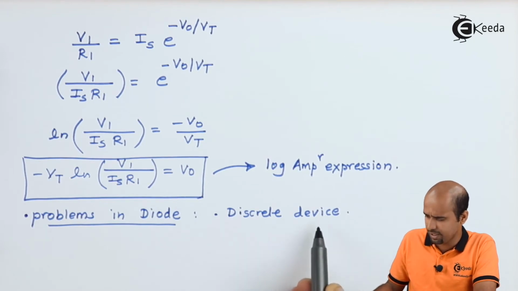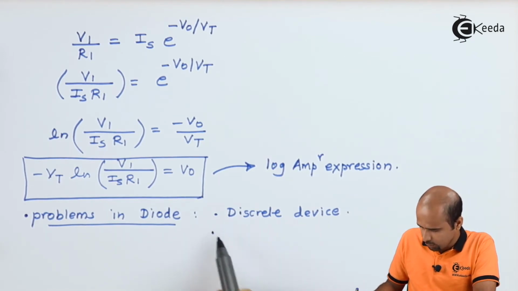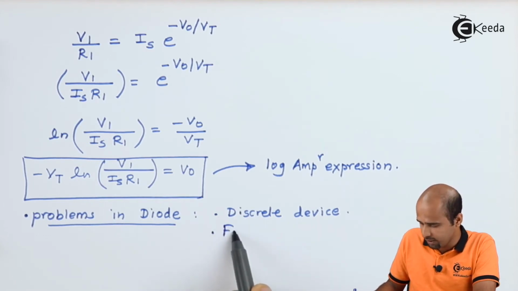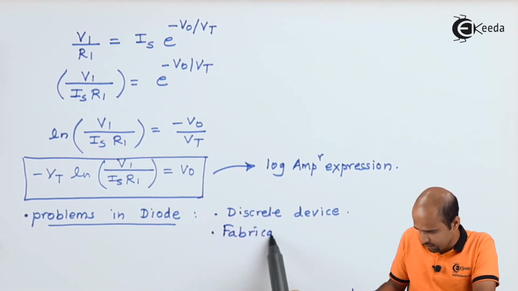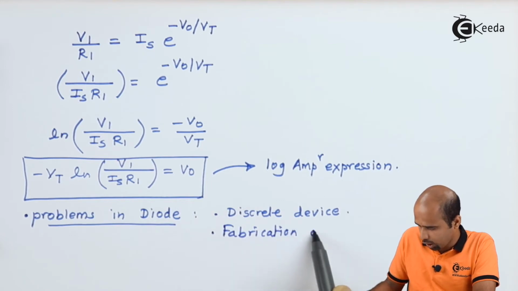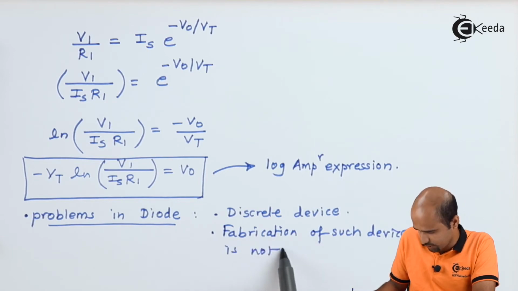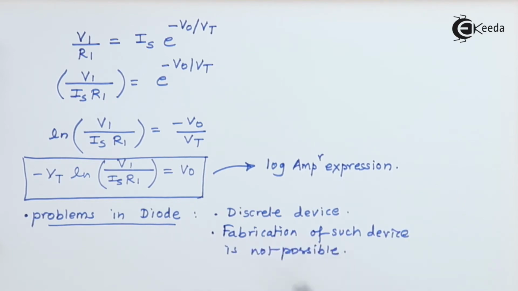One more thing is that this is a discrete device, and there is a problem in fabrication of such a device with less area.